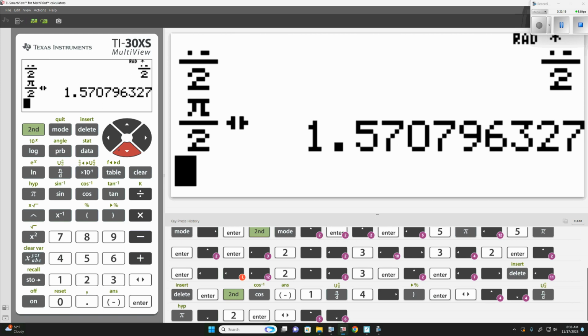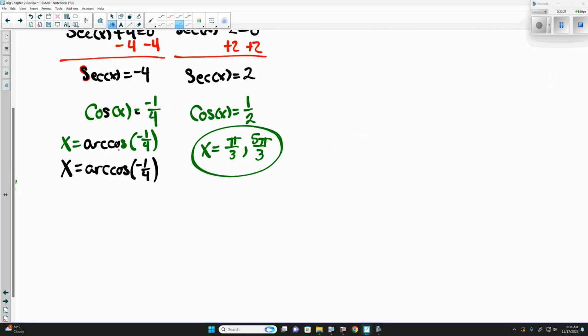Because our cosine value itself, I'm going to go back to the previous page, is negative. And on the unit circle, cosine is negative in the second and third quadrants.